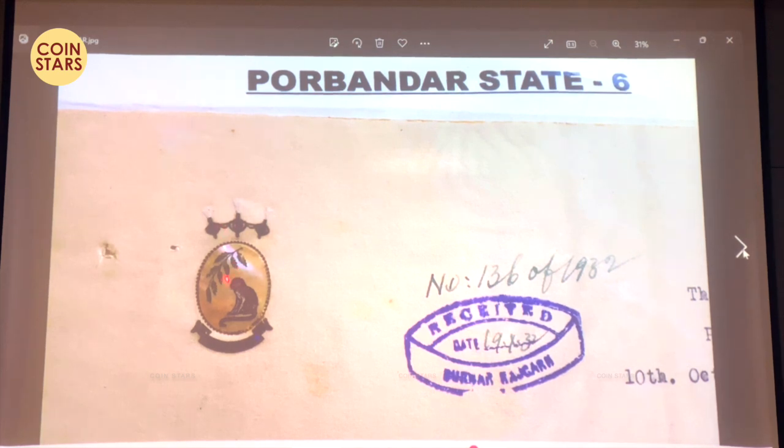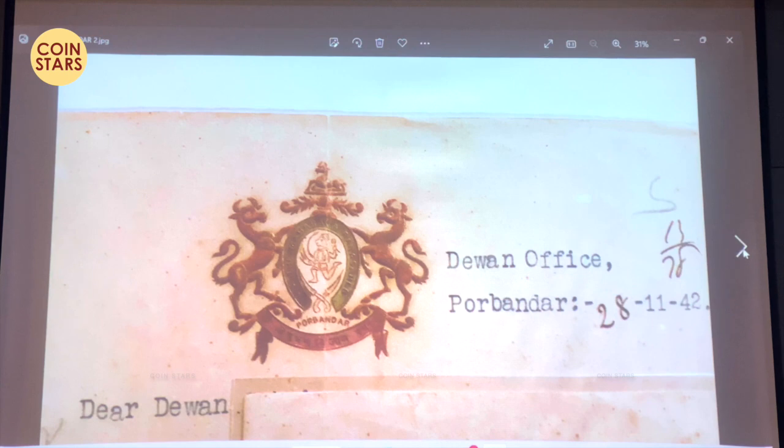This monogram is printed on mother of pearl, and Hanumanji sitting here. Next, this again is Porbandar, Hanumanji in the middle.